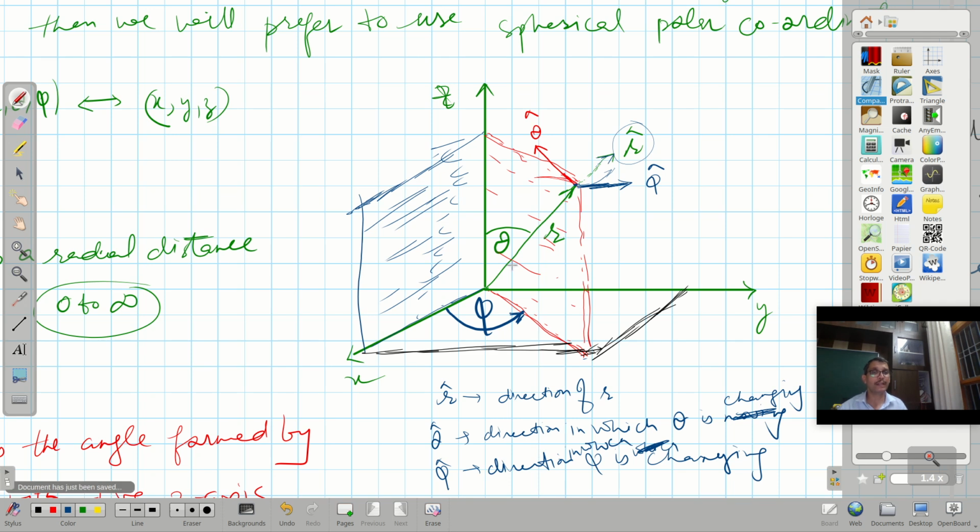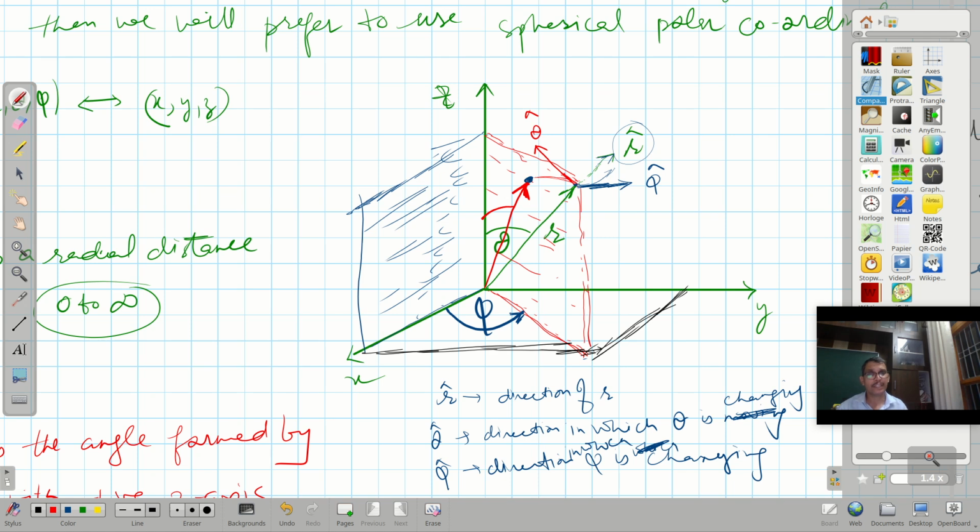Basically when the particle moves from this point to this point, say the particle is at some point, and after some time it reaches this point, then the particle is represented by this r. So r changes and theta changes from this to this, so theta will become this angle now.